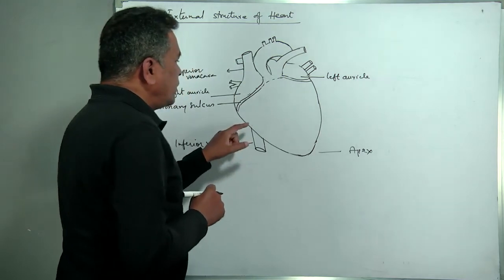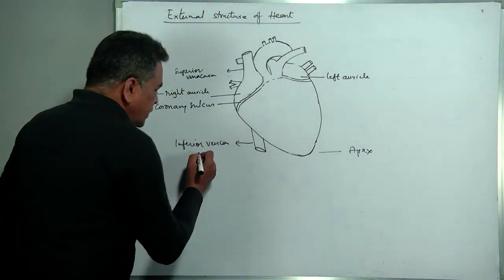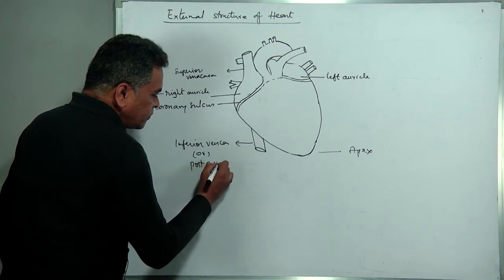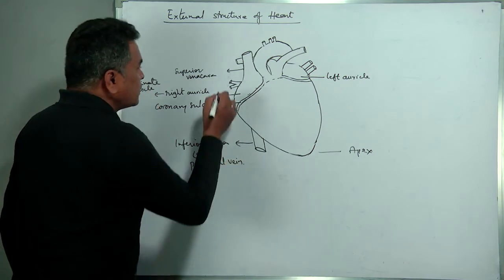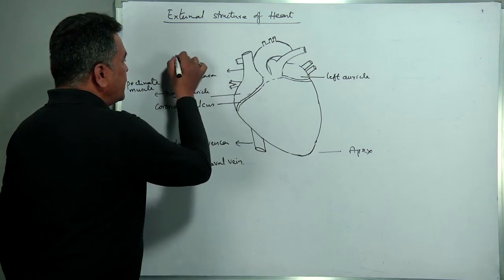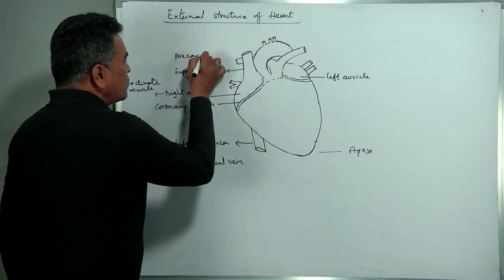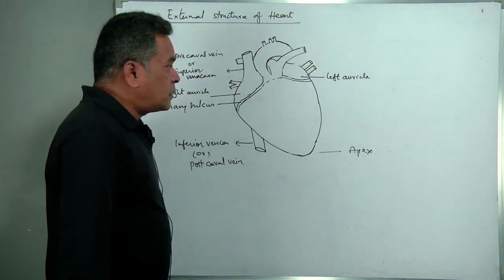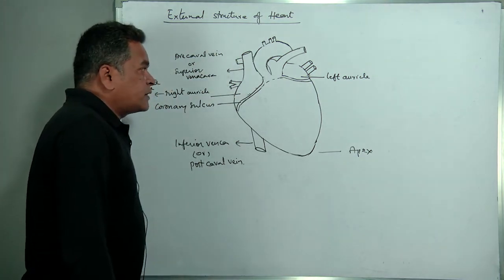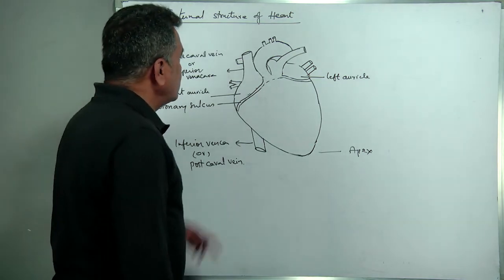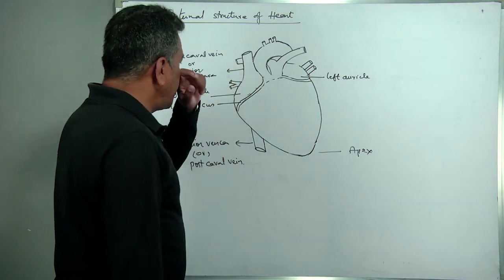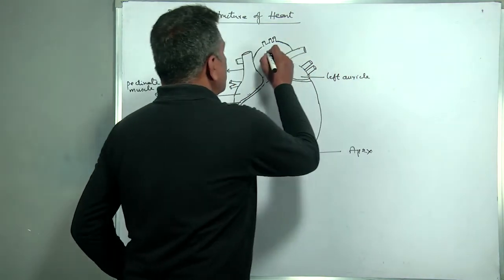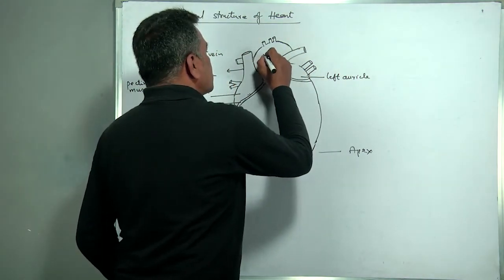Otherwise, for inferior vena cava I can use one more word, postcaval vein, and for superior vena cava, precaval vein. These are the great blood vessels of the heart. And of course, this is the aortic arch. This is the aorta.